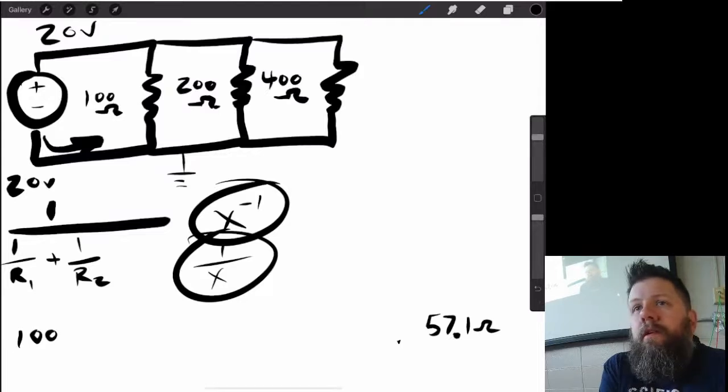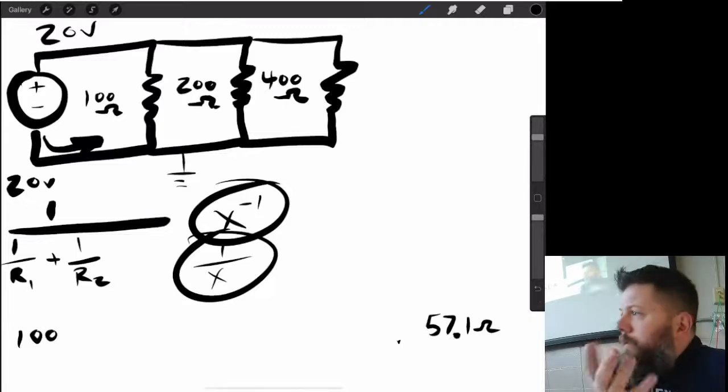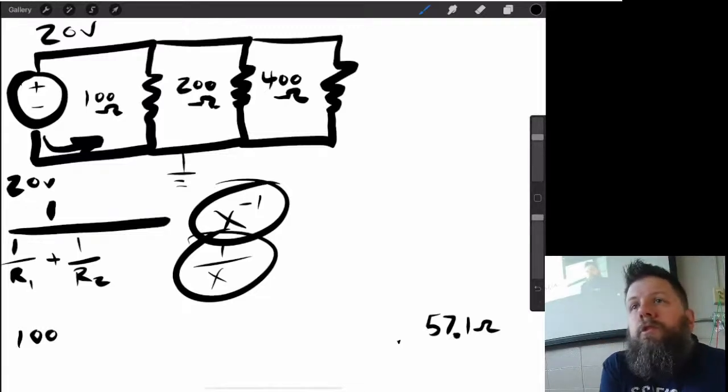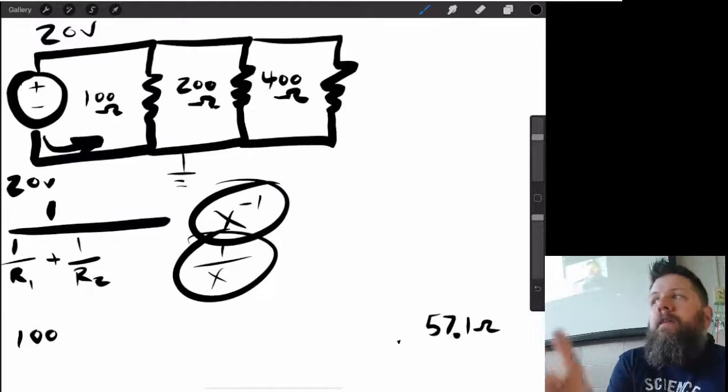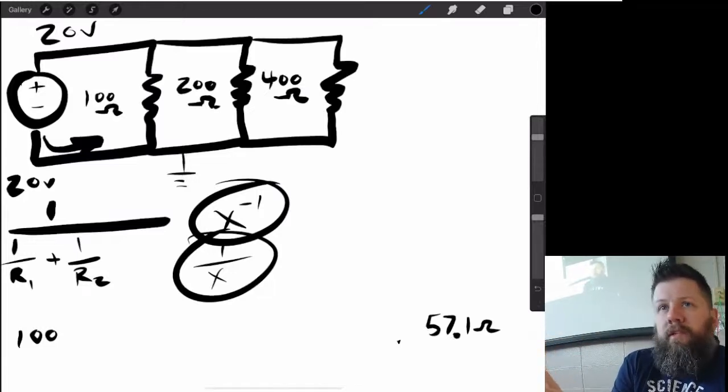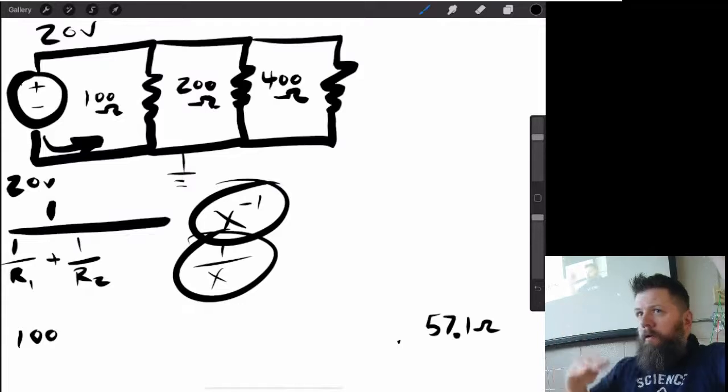When things are in series, they share the same current, and then their voltage drop changes proportional to their resistance, right? When things are in parallel, their voltages stay the same and they disperse the current through them inversely proportional to their resistance, okay? That just means the higher the resistance, the less current is going to go through. As resistance goes up, the current goes down. Cool? Cool. Nothing here is hard.